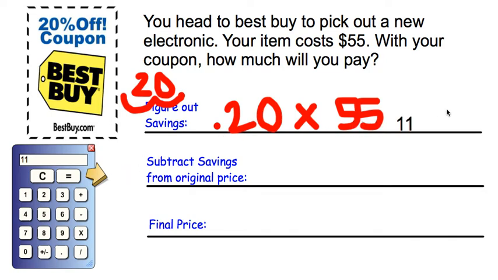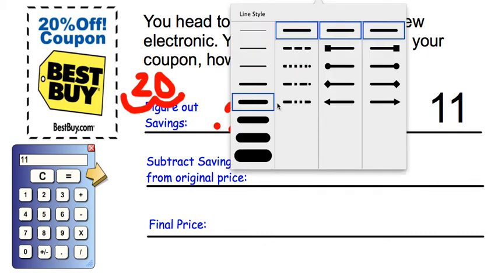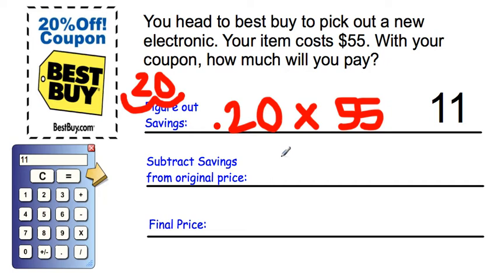So here is our savings. We get $11 off. That's not our price, that's our savings. So 20% of $55 is $11. Now we need to figure out our final price. If we get $11 off of $55, we're going to do 55 minus 11. But you don't need a calculator to do that.